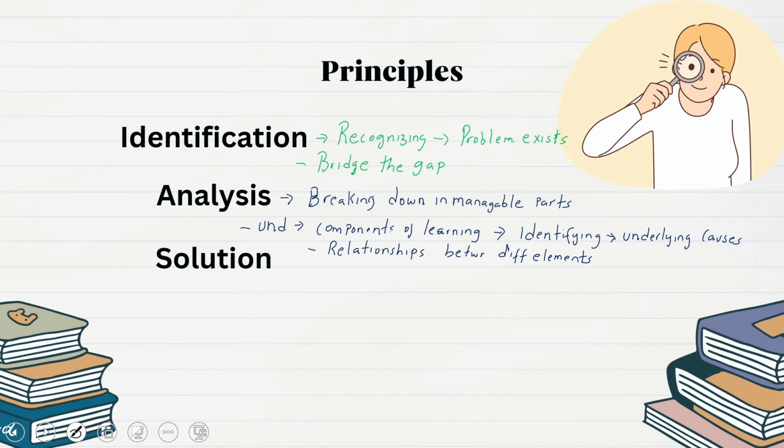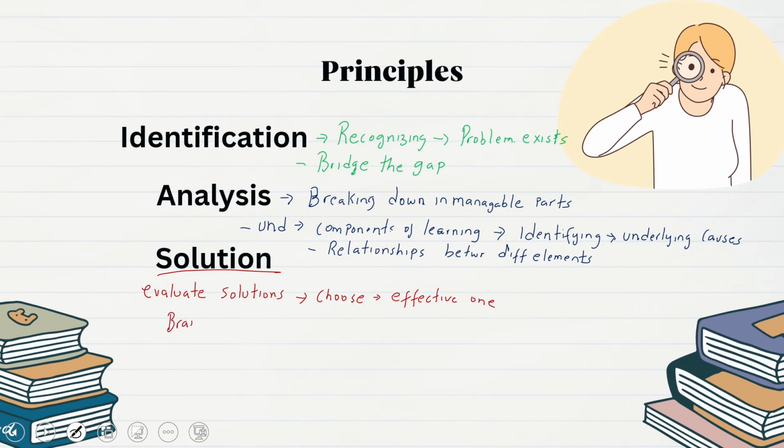So after analyzing the problem, the next step is to generate possible solutions. And therefore you need to evaluate the solutions and choose the most effective one. Now this might involve brainstorming.